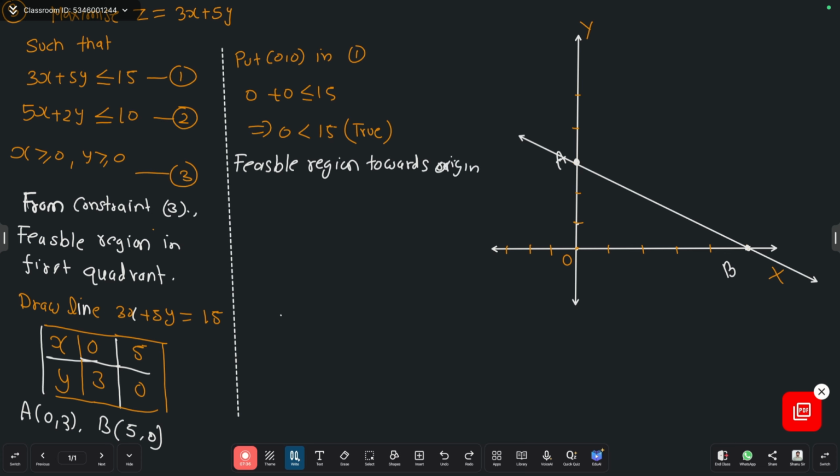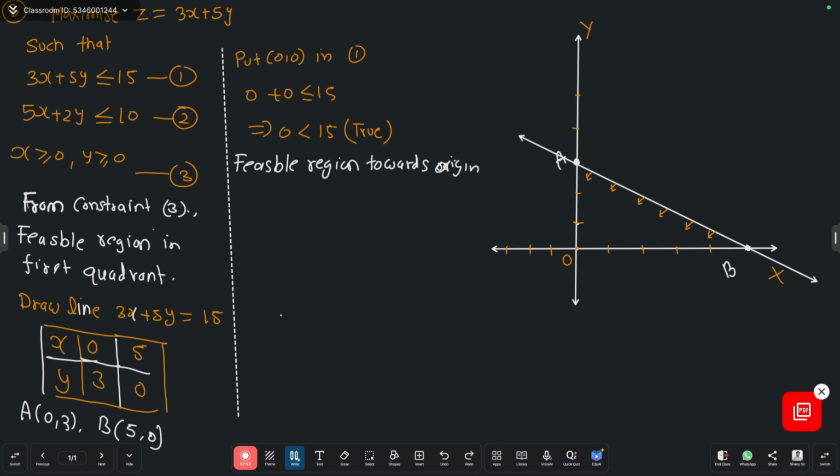Feasible region towards the origin, and also from constraint number 3, feasible region in the first quadrant. So the feasible region is this side. Put some arrows. Clear?